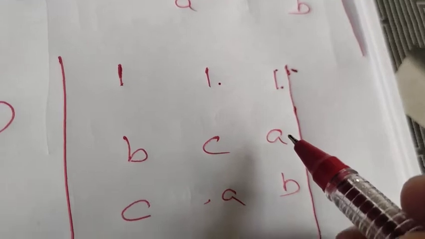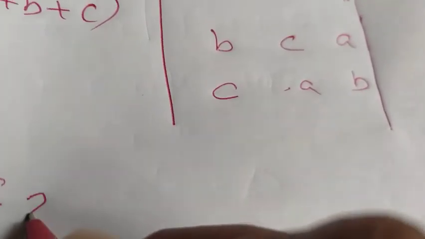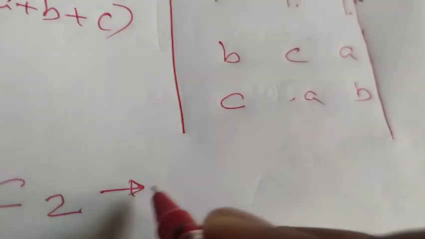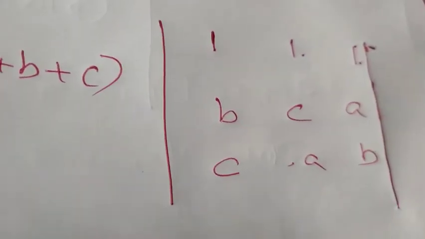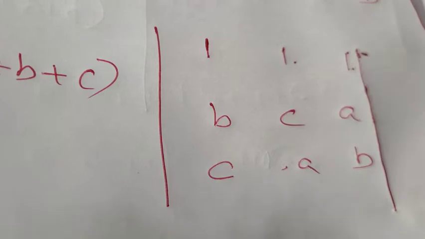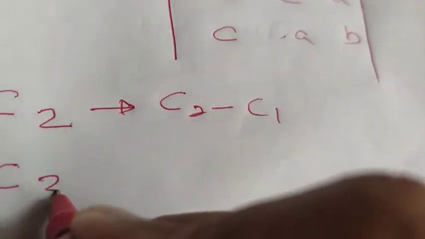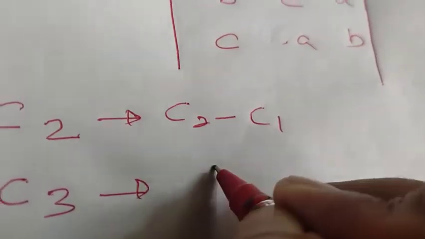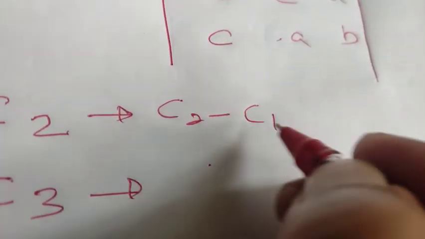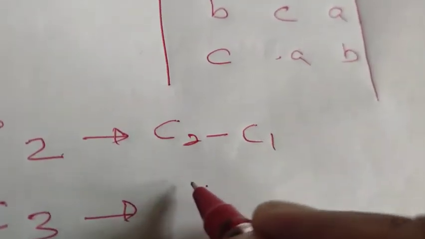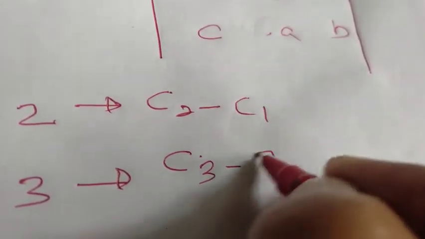We can make these two 1s into 0. How can we make 0? We will apply the column change: C2 we will change to C2 minus C1, and C3 we will change to C3 minus C1.